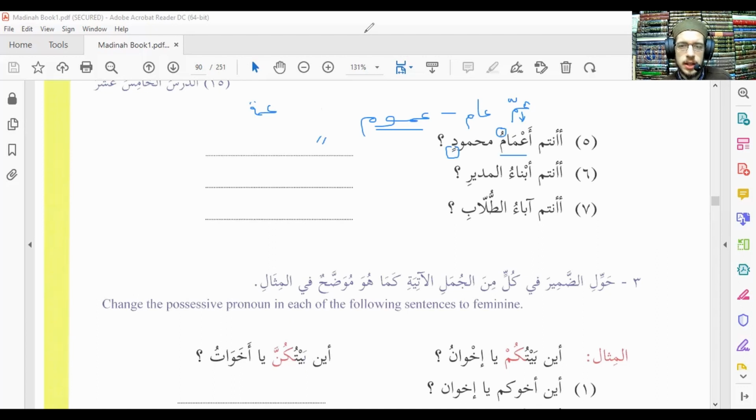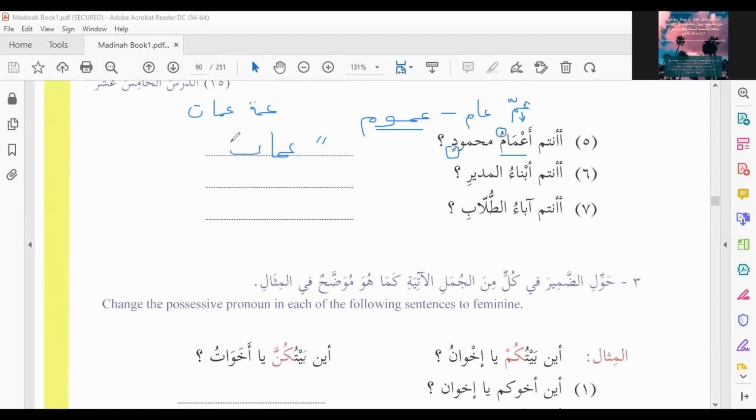I'll have to look into those settings later because it's not showing the finer, sharper angles of my writing. So ammatun is singular for a paternal aunt. Yes, sound feminine plural. So ammatu Mahmudin.